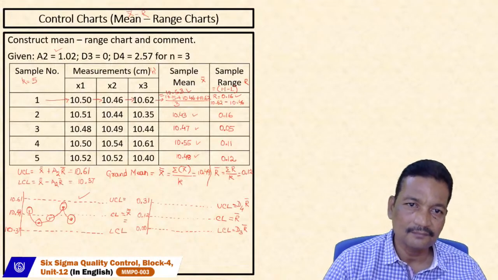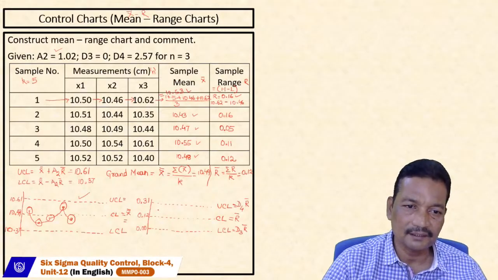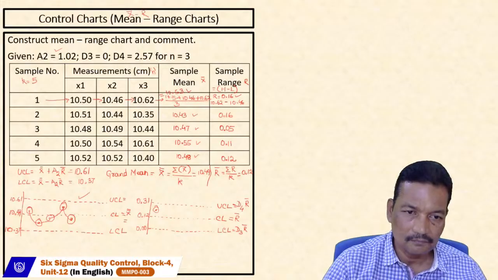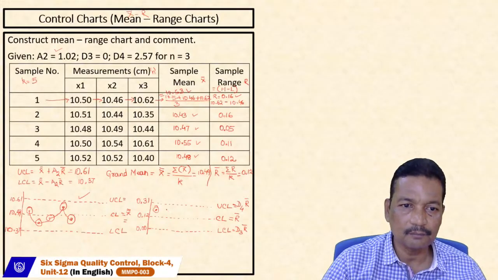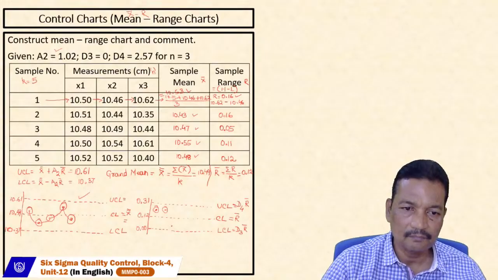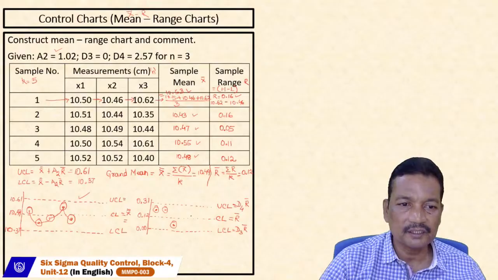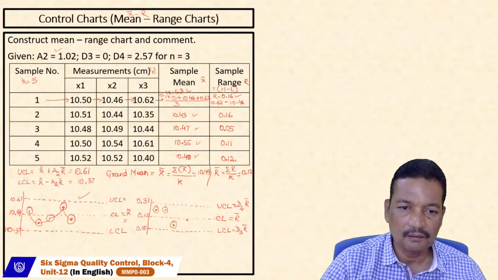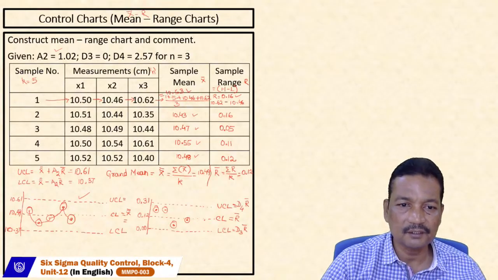What I will do now, same way as we did for X bar chart, we'll plot all the points of R. The first R is 0.16. Second point is again 0.16. Third point is 0.05. Fourth point is 0.11. And fifth one is 0.12.